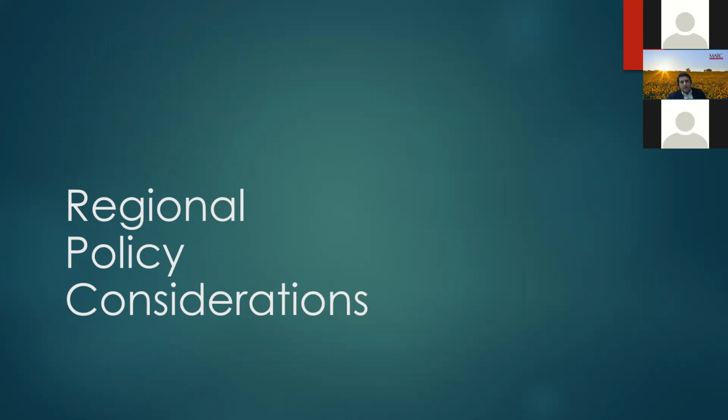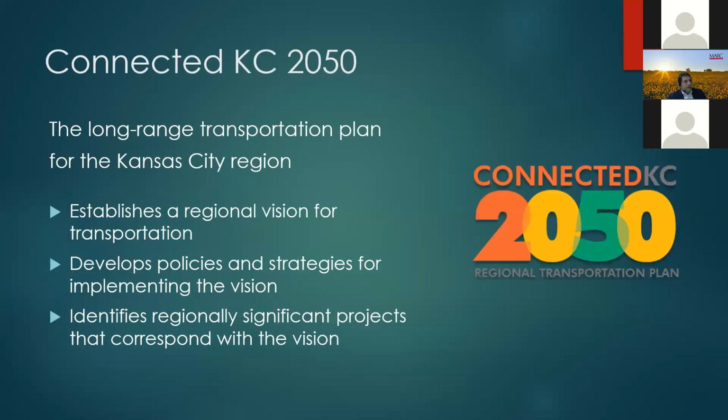Through all of our regional planning work and with involvement and input from stakeholders from across the region, we have identified a regional vision, regional goals, and strategies that we want to advance through our investments. So this programming process is guided in very large part by our transportation plan, as we mentioned already a few times today.